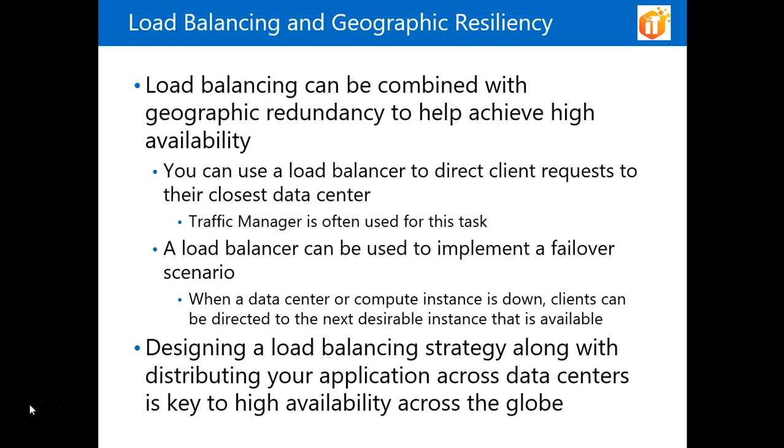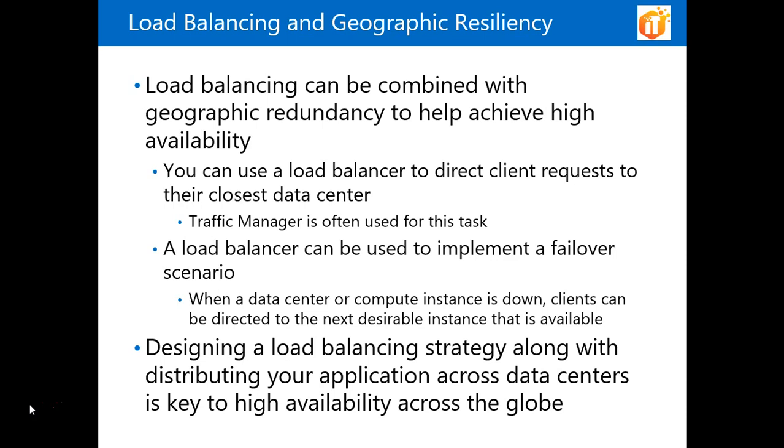Load balancing can also be combined with geographic resiliency, and it can help to achieve high availability of your resources. Either you can use a load balancer to direct client requests to their closest data center, in which case you can use Traffic Manager, or you can use a load balancer to implement a failover scenario.